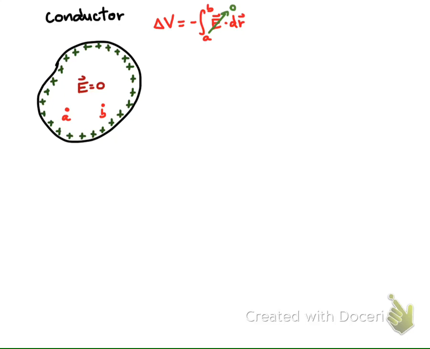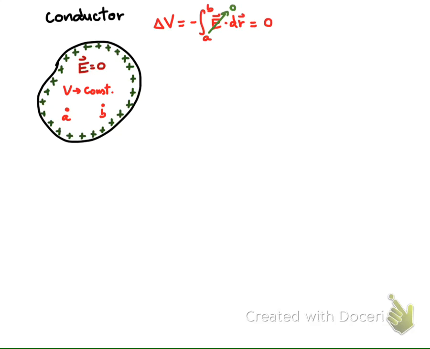So we have that delta V is 0, right? Or the electric potential will not change inside the conductor. This is a very important property of the conductor, that we have a constant V inside the conductor, because E is 0.